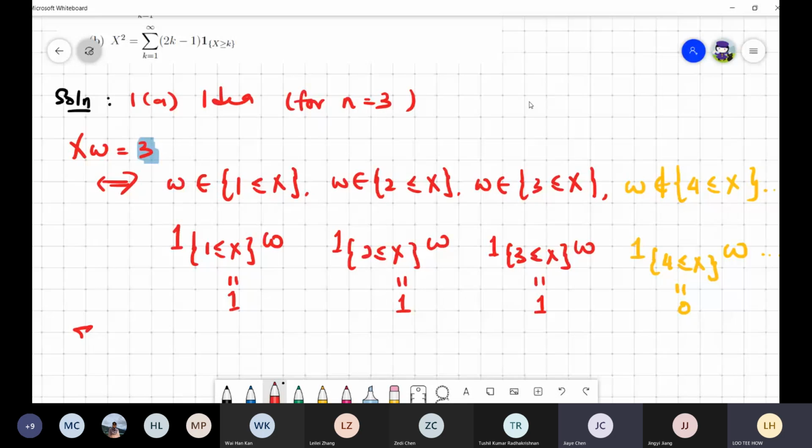So if we take the summation over k running from 1 to infinity of the indicator, that means we only take the first 3. So that will be equal to 1 plus 1 plus 1, and the remaining will all be 0, 0, 0, and so on.